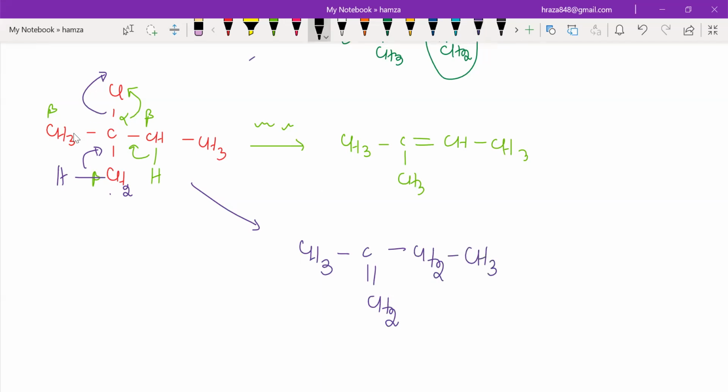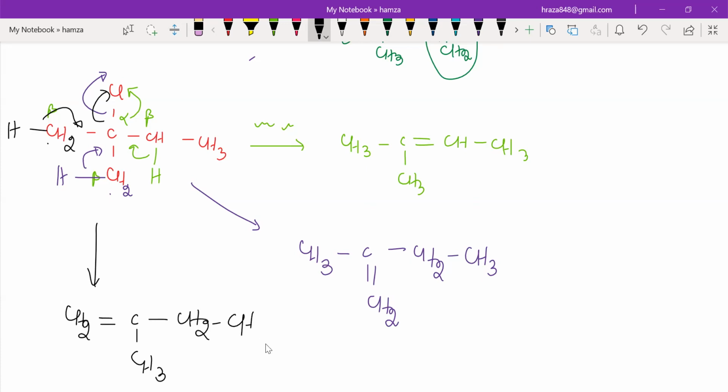Now from another color, you can see this is CH2, and this again will move to this carbon. So what we will have, this will be CH2, double bond C, and then CH3, and then again CH2, CH2. Now you can see this and this product are the same. So only two products are possible, and these both are identical.